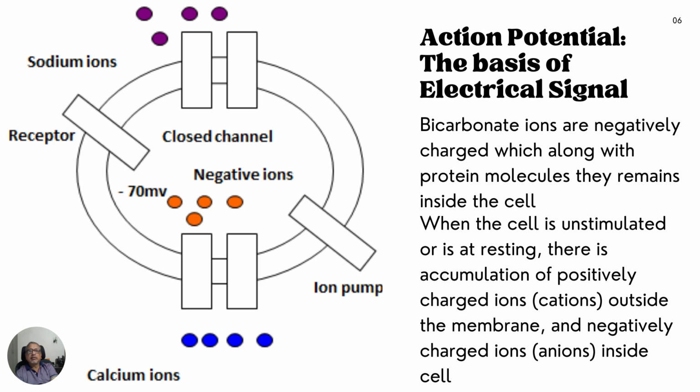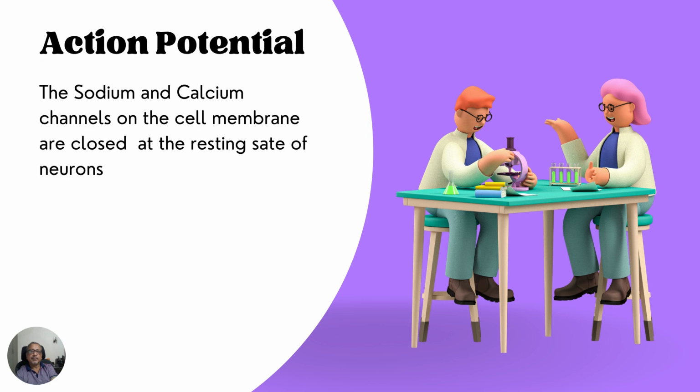The bicarbonate ions are negatively charged ions, which are along with the protein molecules. They remain inside the cell. When the cell is unstimulated or at resting state, there is an accumulation of positively charged ions or cations outside the cell membrane and negatively charged ions inside the cell.